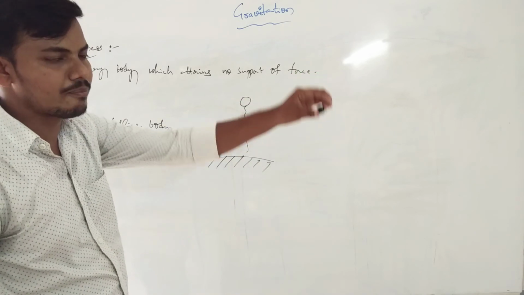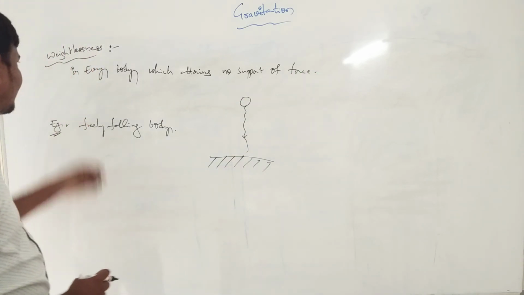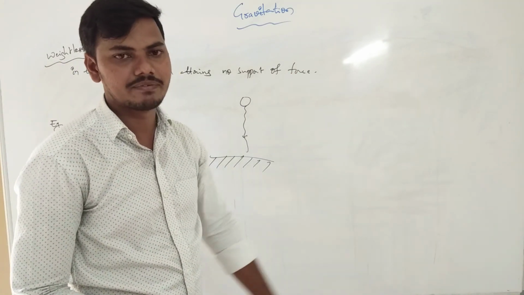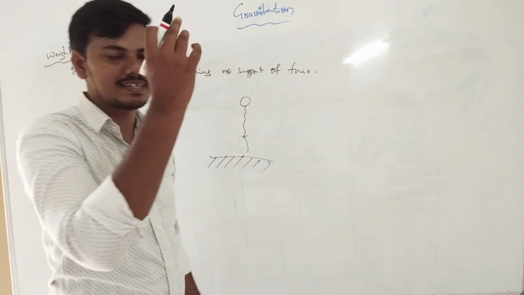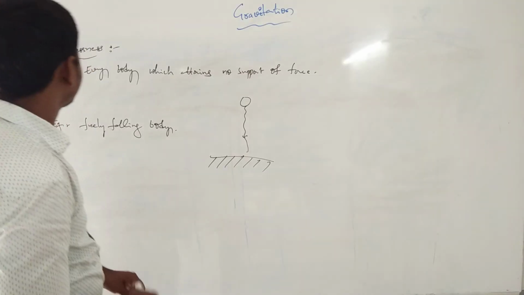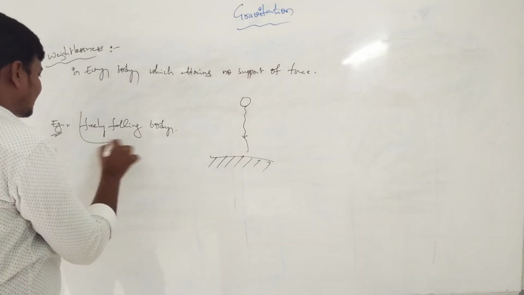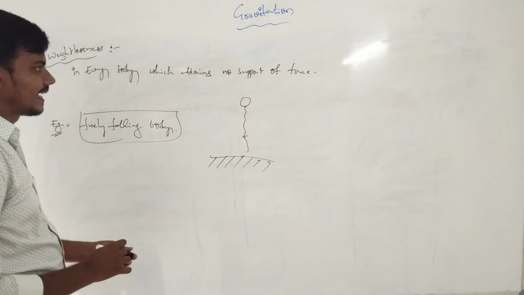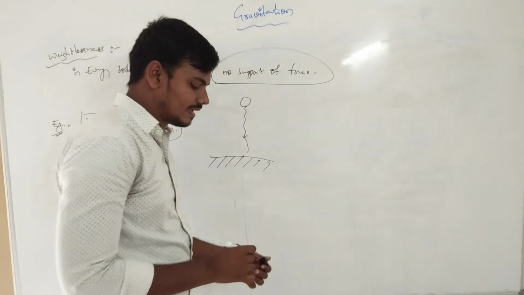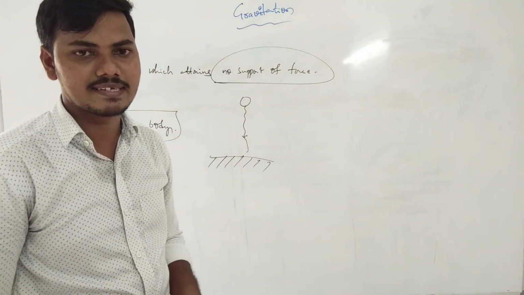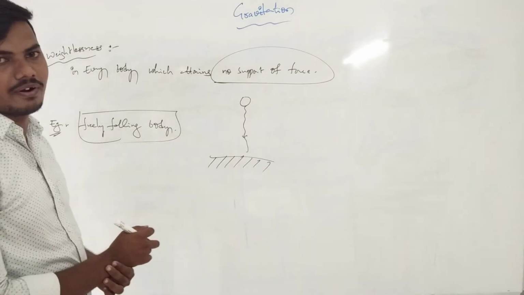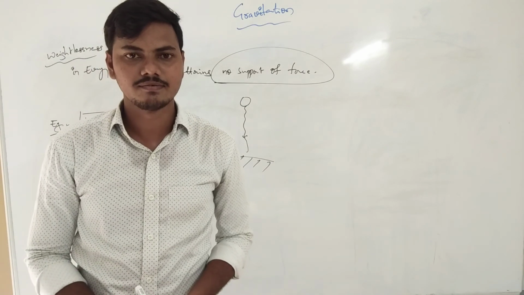When an object is dropped from the top of a building, that is the best example of weightlessness. Likewise, when a ball is thrown upward, or a ball is dropped from the top of the building, it is in weightlessness. No support means no external force is applied. This is weightlessness, and the best example is a freely falling body. Now this is gravitation.